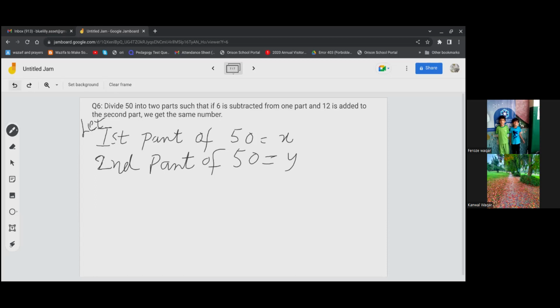If 6 is subtracted from one part and 12 is added to the second part. 6 is subtracted from one part, which is x, and to the next part, 12 is added. Added means you will say it's y plus 12. Is it so?